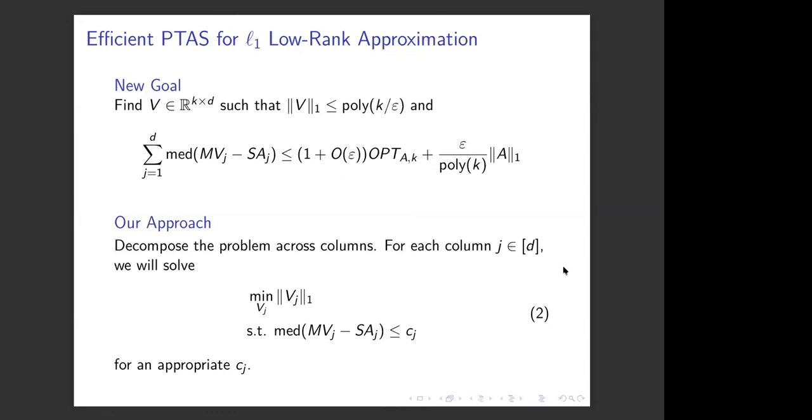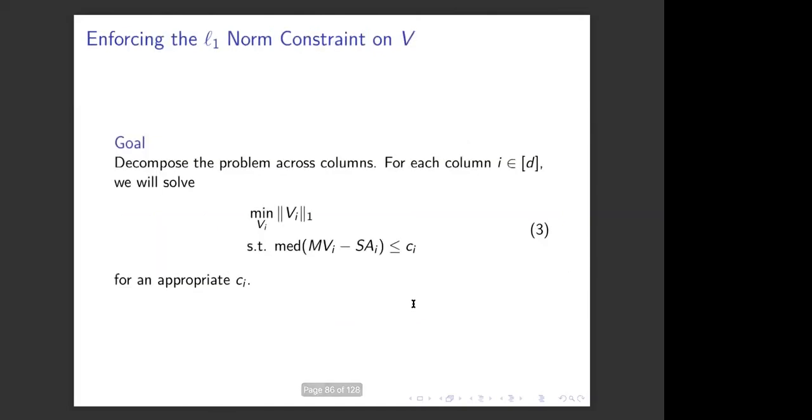For each of the columns, we'll first minimize the norm of that column, and we'll also add a constraint so that this median-based quantity is at most C sub j for some cost bound C sub j, which we now have to find. What should that cost bound C sub j be? Here I'm just restating the problem: we're minimizing the norm and adding a constraint to ensure that the cost is not too large.